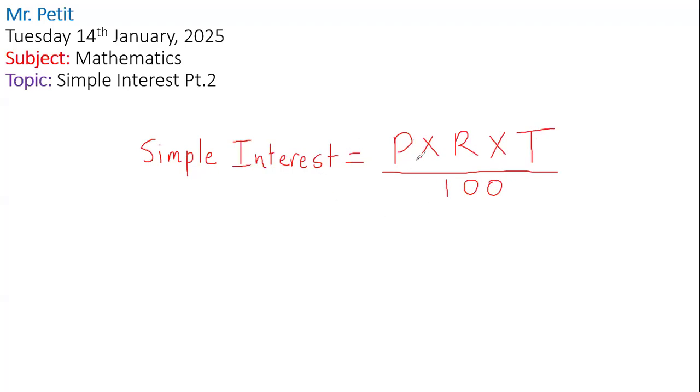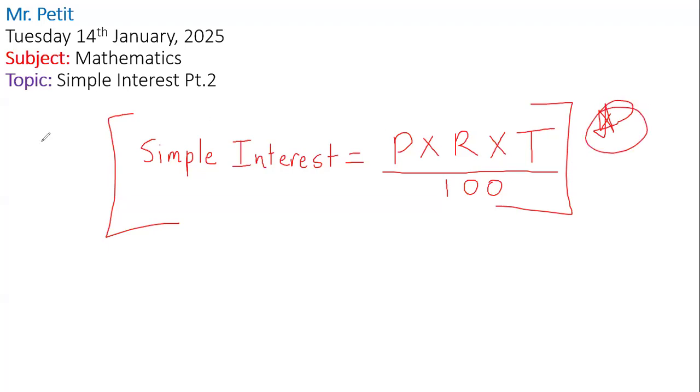P is for principal, R is for rate, and T is for time. Time is always given in years. It is over 100 because rate is a percent. Please memorize this. I can't emphasize this enough. You have to know it.